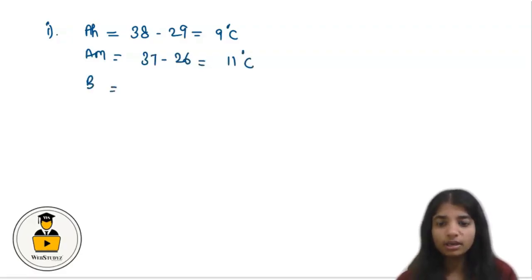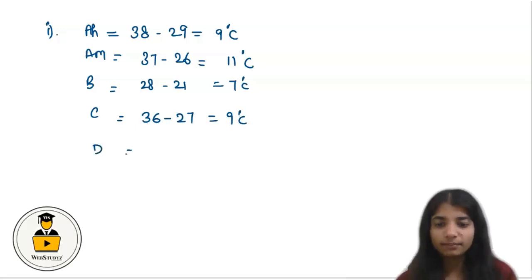For Bangalore, maximum is 28 and minimum is 21. Difference is 7 degrees. For Chennai, maximum is 36, minimum is 27. Difference is 9 degrees. For Delhi, maximum is 38, minimum is 28. Difference is 10 degrees.